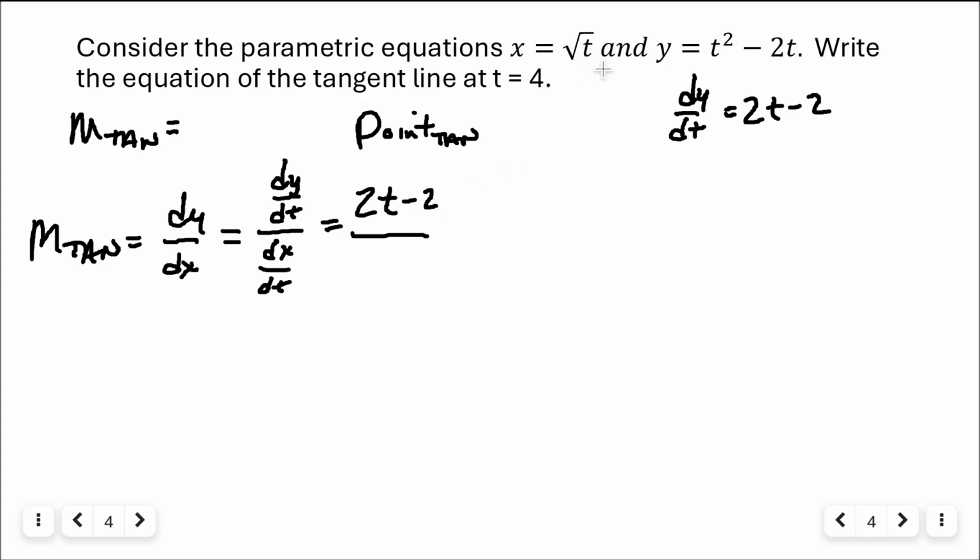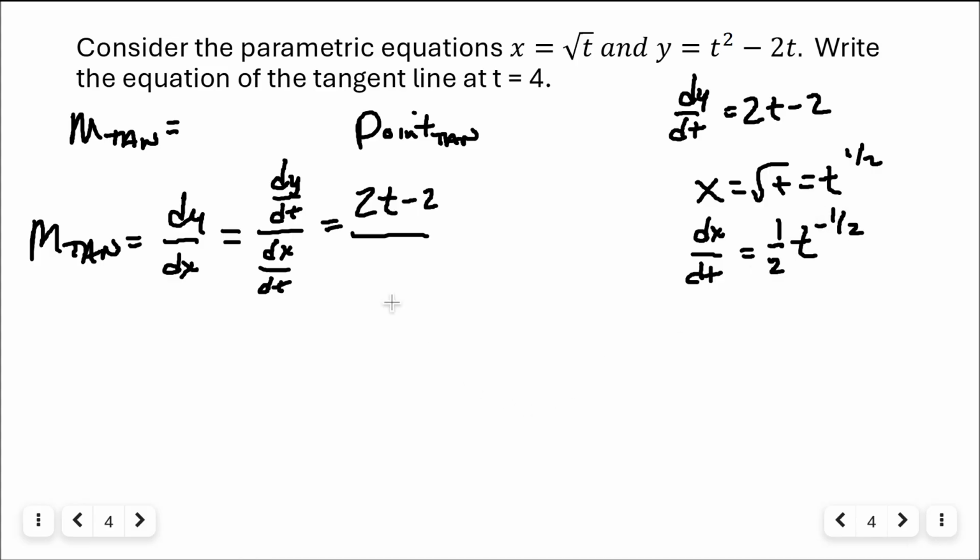dx dt, x is equal to square root t, that's really t to the half. So that's going to be 1/2 t to the negative half. So this is going to be 1/2 t to the 1/2. All right, so that's dy dt divided by dx dt.